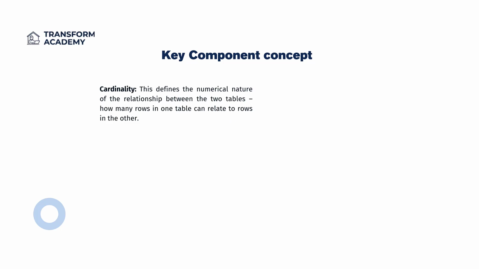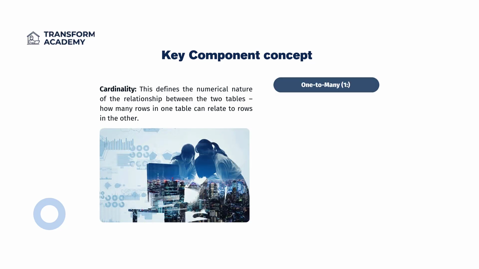Key relationship concepts. Cardinality. These define the numerical nature of the relationship between two tables. How many rows in one table can relate to rows in the other? One to many and many to one. This is the most common and generally preferred type. It means one row on the one side, for example, one customer in a customer table, can relate to many rows on the many side, for example, multiple orders in an orders table.